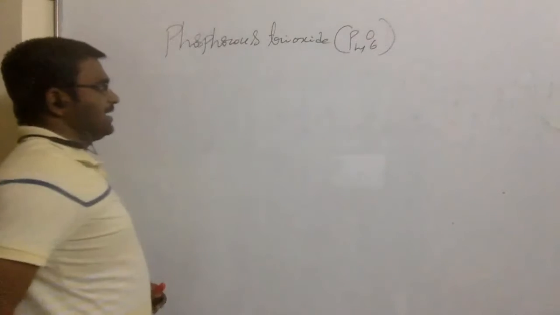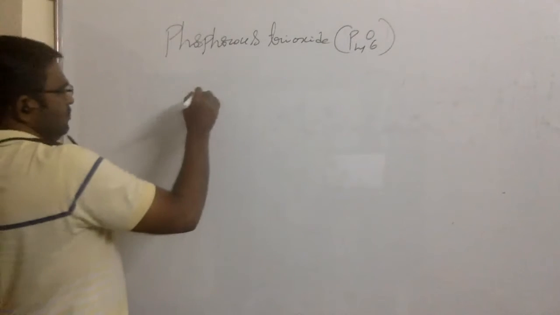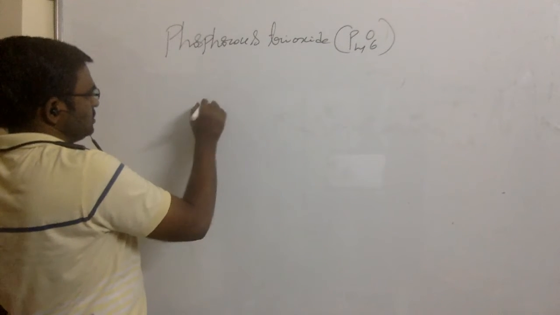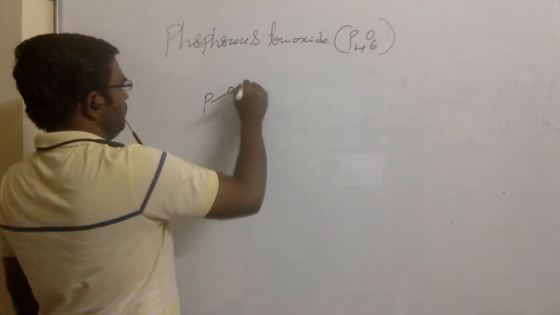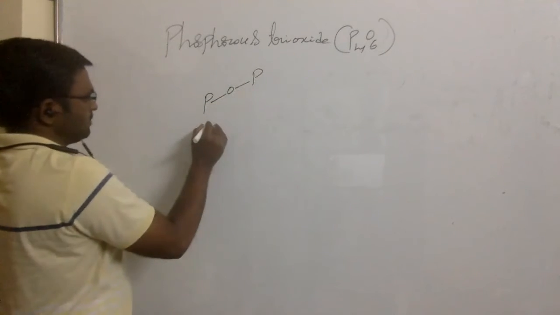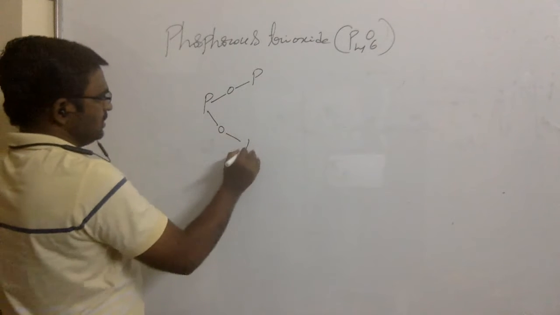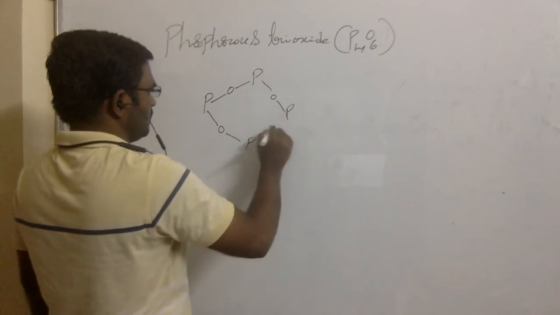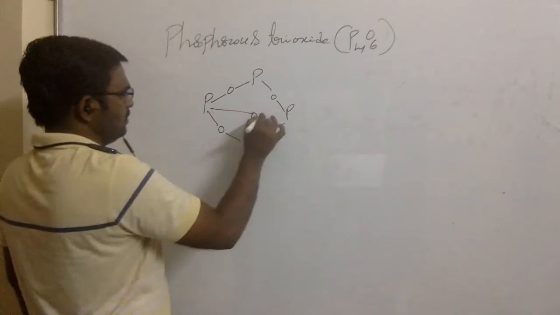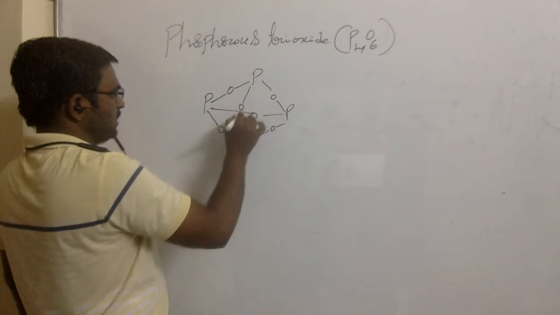Here, this is the tetrahedral arrangement. Each oxygen is bonded with 2 phosphorus, like this. This is the structure of phosphorus trioxide.